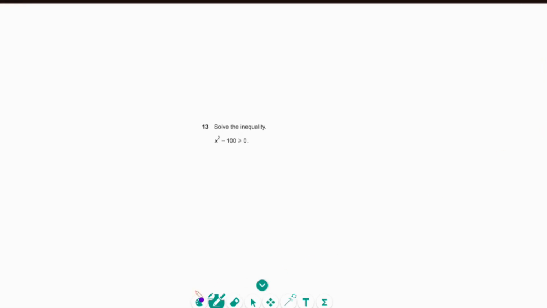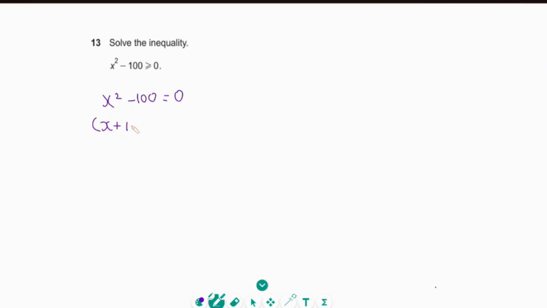Solve the inequality. Got a quadratic inequality here, so just bear in mind when you've got a quadratic inequality, we need to use a graph at our final stage. But first of all, I'm going to put it equal to 0. We've got a difference of 2 squares. x is minus 10, or x equals 10.